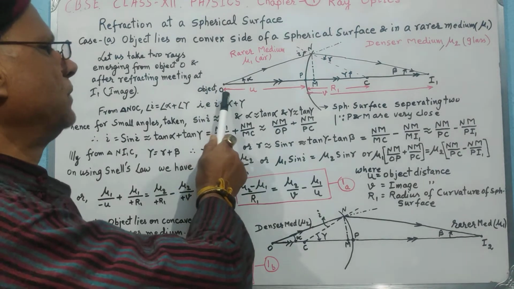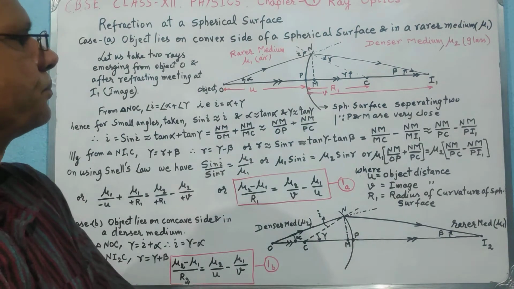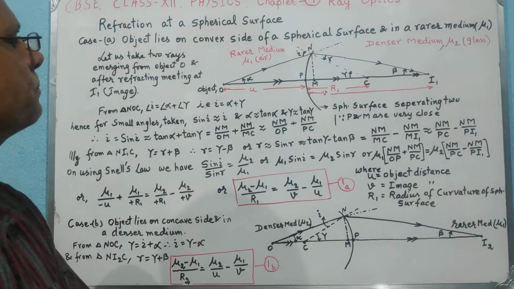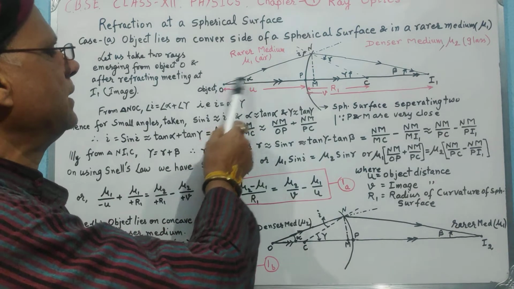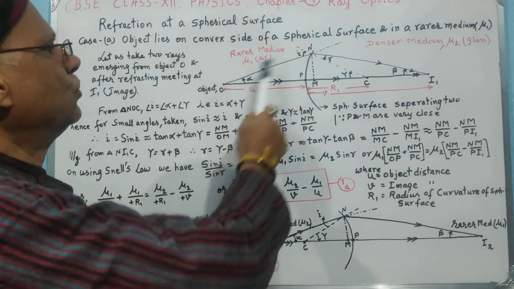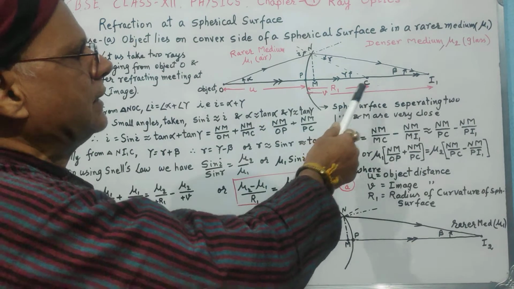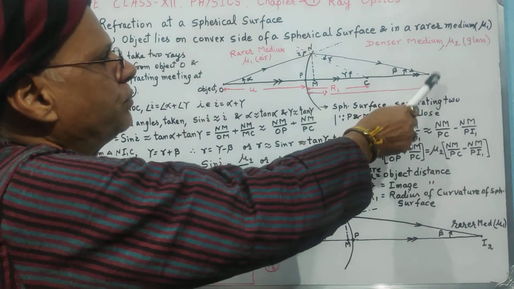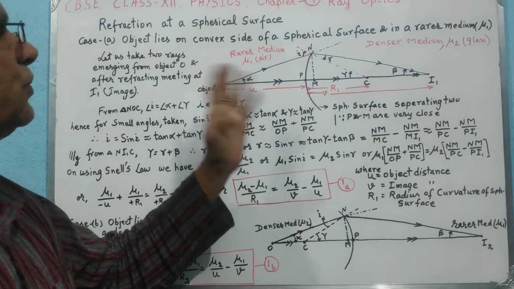Now we have assumed an object to lie at some point O on the principal axis, and we are selecting two rays emerging from this point object O. One is moving along ON and another along OP, and after refraction they meet at some point I1, which will be the corresponding image of this object O.